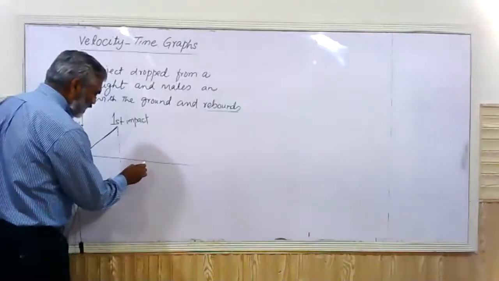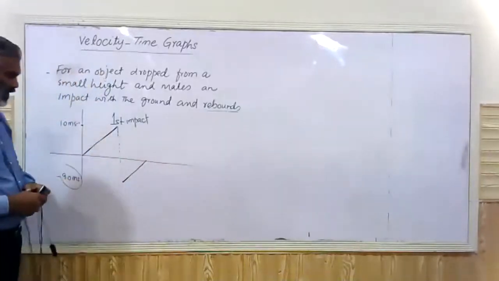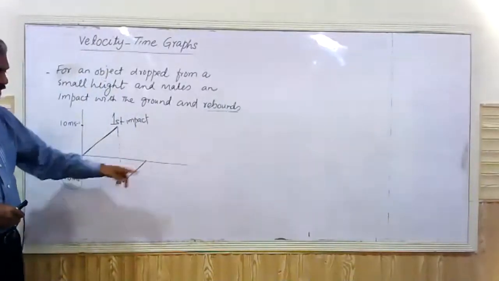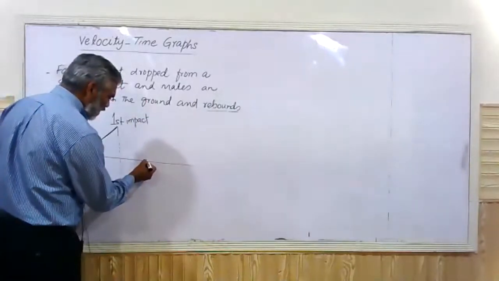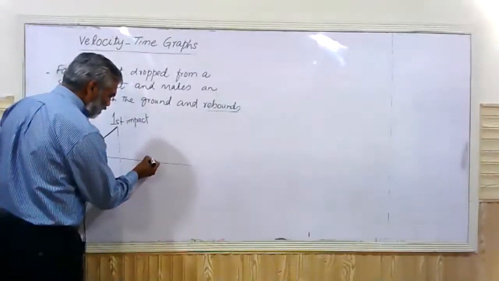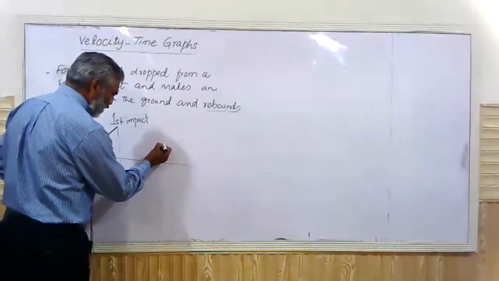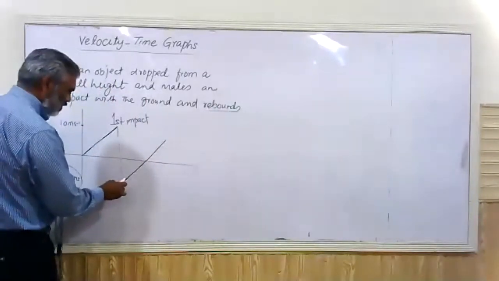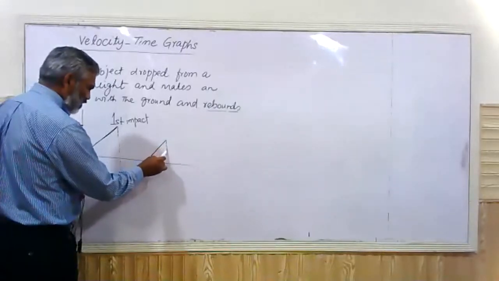And this is where the object rises to its maximum height. So it comes to rest. After this, the object starts falling again, and this line continues in the same direction. Now, the size of this triangle should be same as this triangle.